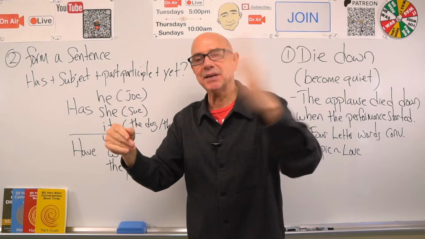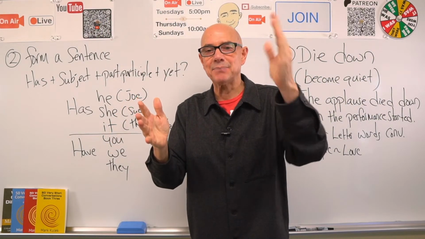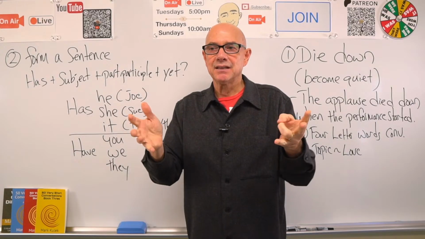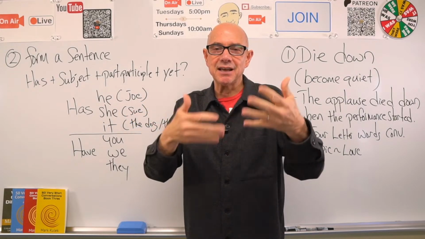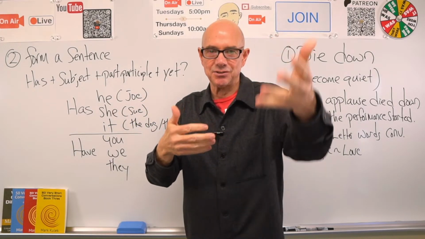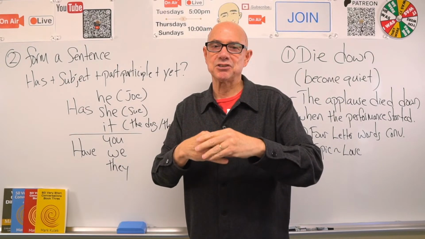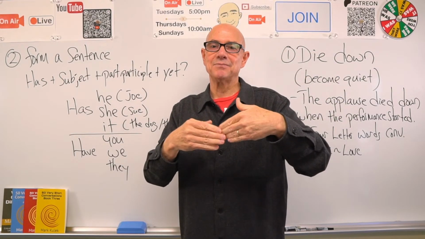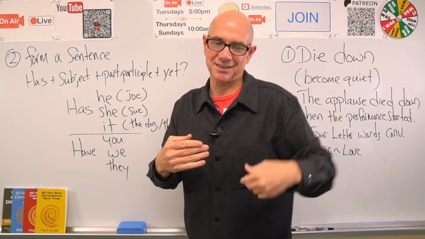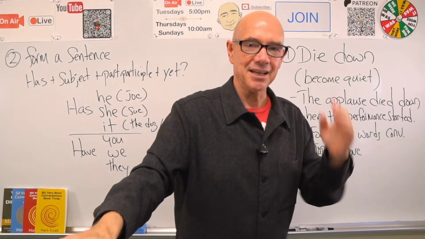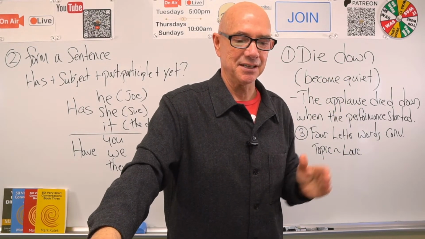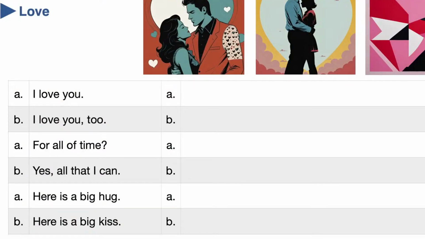Oh, hey, cupcake, and those are kind of like pet names, names that show our affection to someone, ways to show our love, show how much we care for someone. Okay, so that's the purpose of this activity, for you to think of other words to create the same meaning.